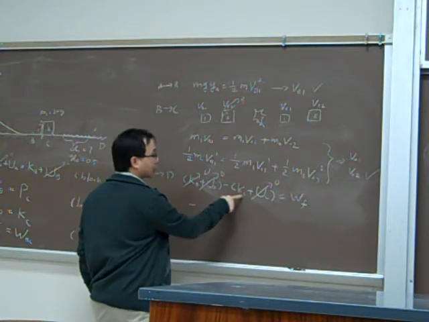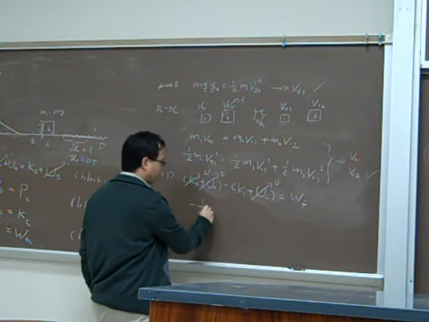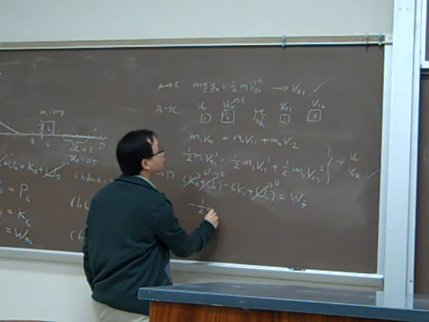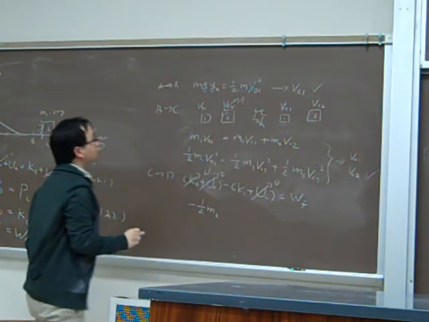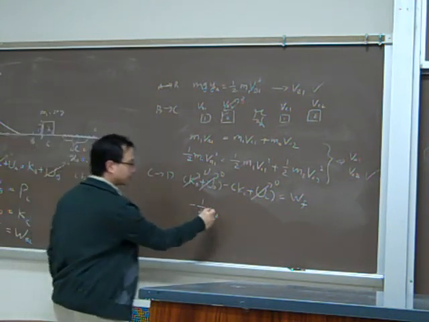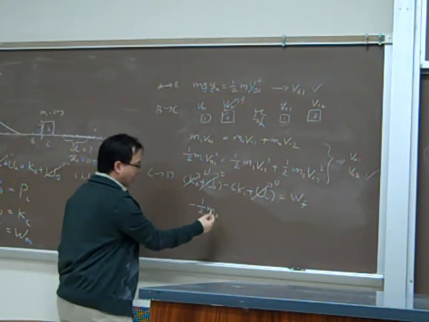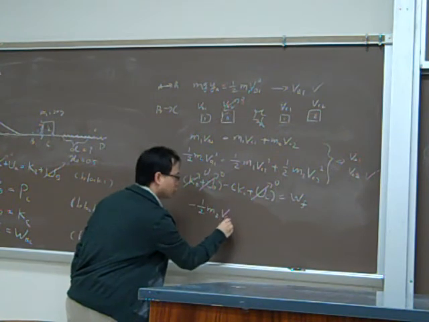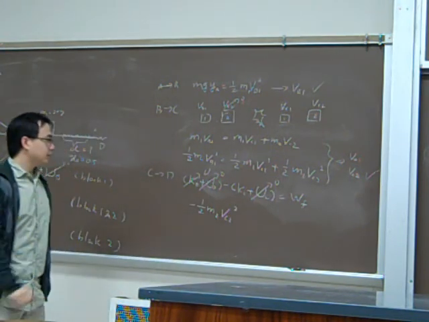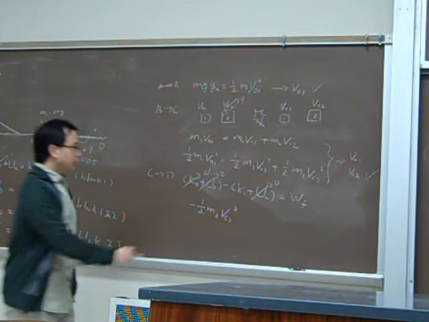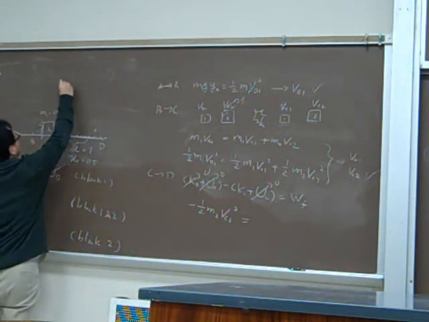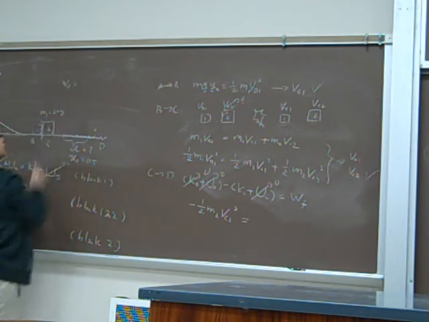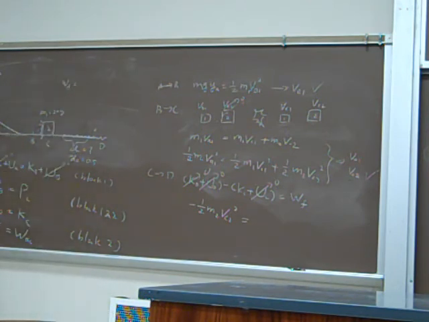So finally, you have a negative sign here. You have negative KC, which is 1/2 M2 VC2 squared. Okay, here is M1, of course it will be cancelled, so it doesn't matter. So negative 1/2 M2 VC2 squared, that's negative KC, equals WF. WF is the work done by the frictional force.